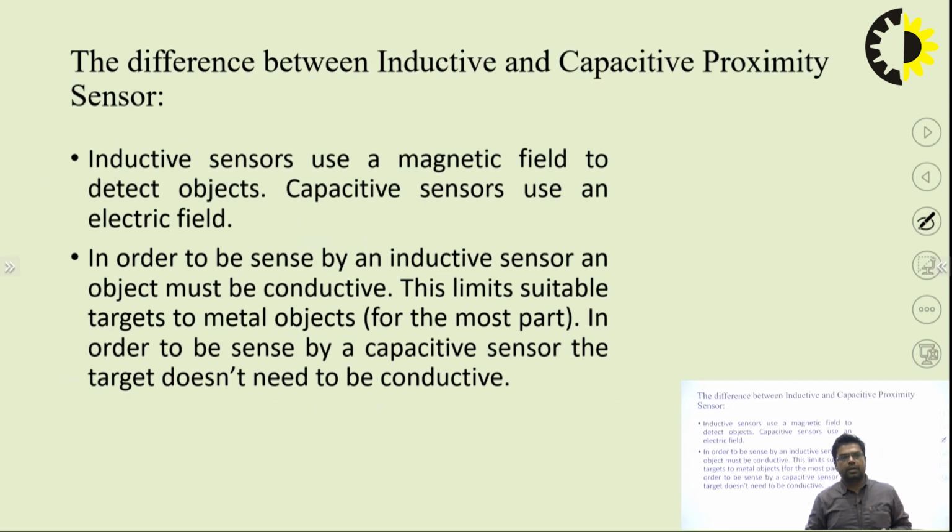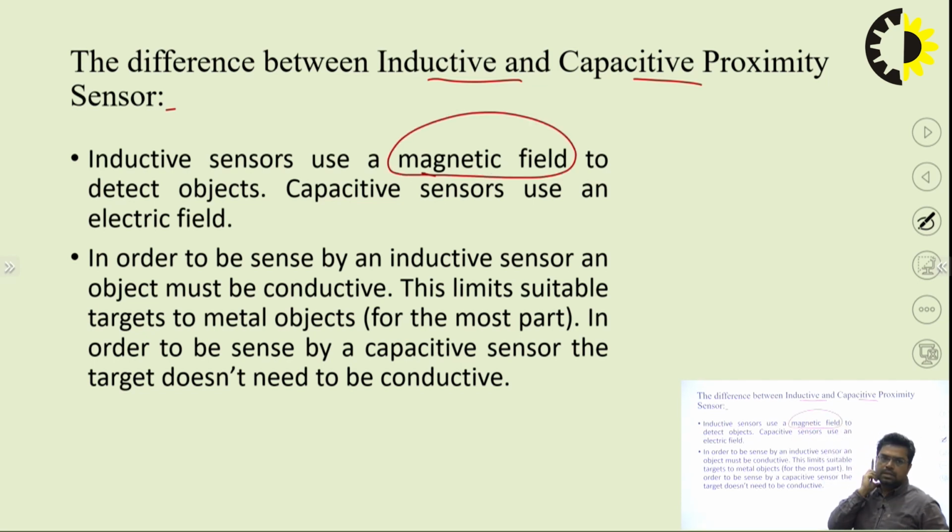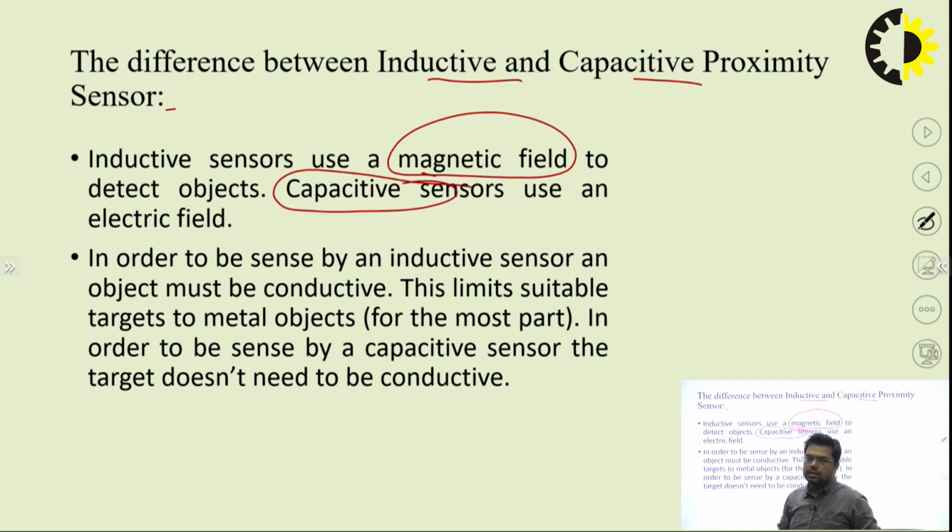What are the major differences between the inductive and capacitive proximity sensors? The inductive proximity sensor uses the magnetic field principle, while the capacitive proximity sensor uses the change in capacitance, that is, the electric field.